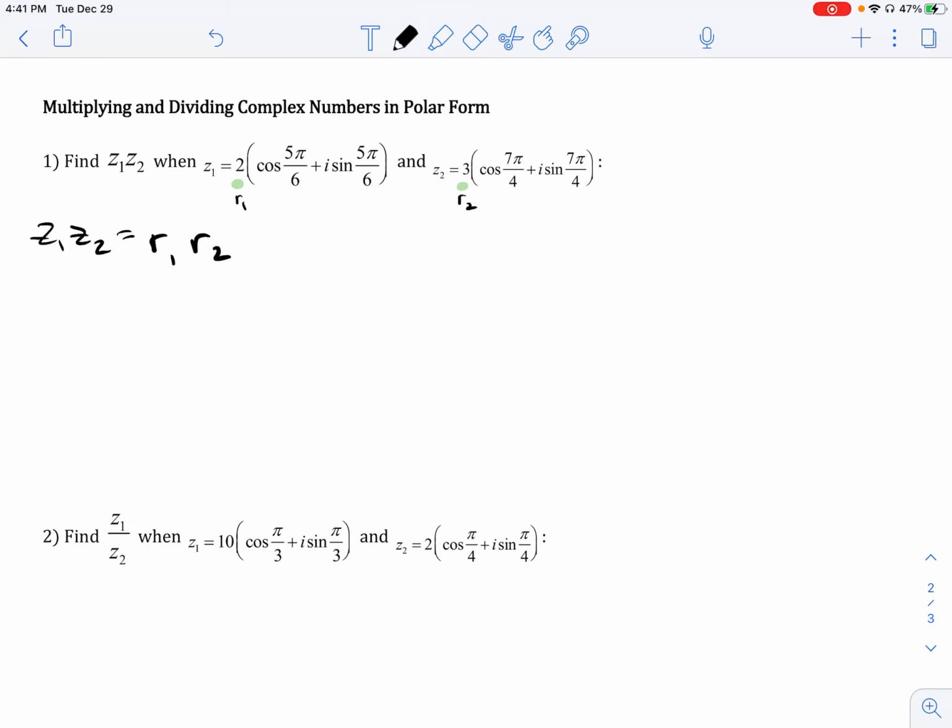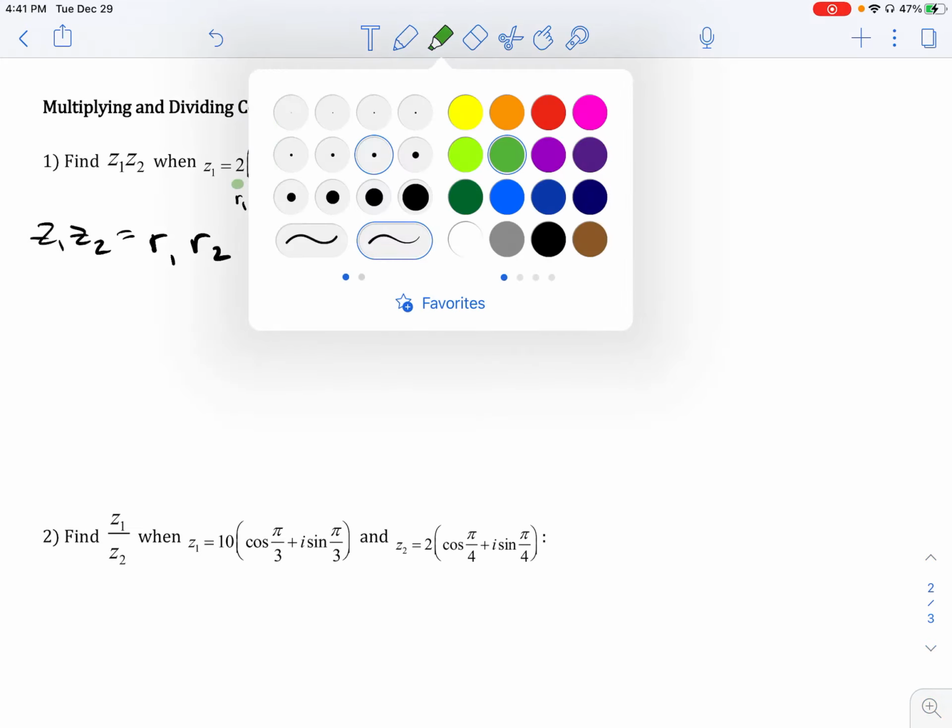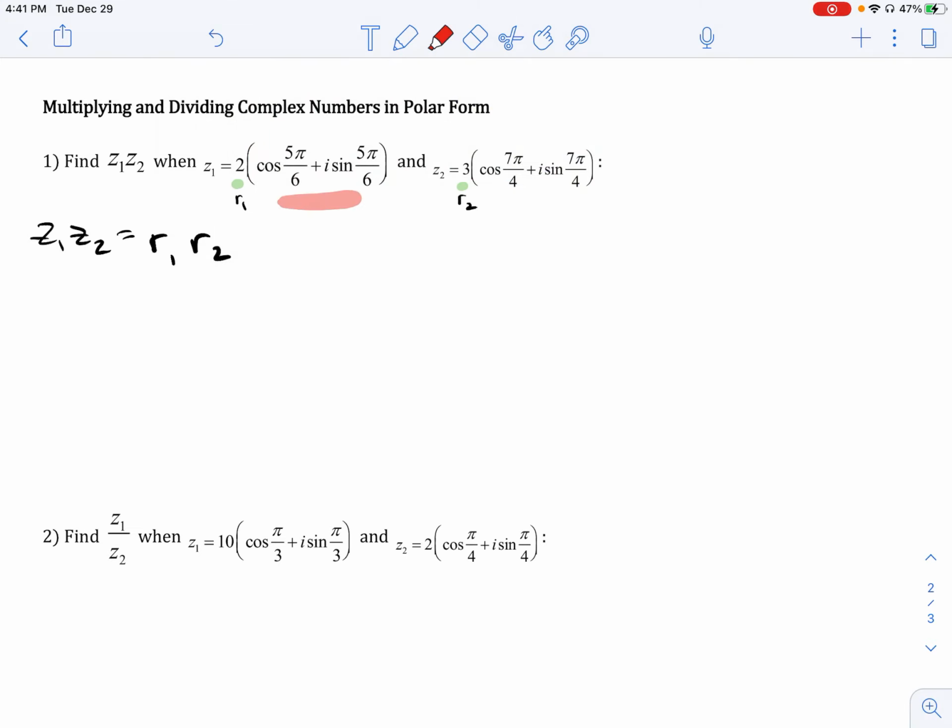Okay? Now, this next part, and let me just change colors. If I wanted to multiply these two binomials, and I'm not going to write it all out, but if you were to take cosine 5 pi over 6 plus i sine 5 pi over 6 and multiply by cosine 7 pi over 4 plus i sine 7 pi over 4, and FOIL it out, and I know some teachers don't like using this term, basically multiply and expand that all out, you would see that the expanded form is really just the same thing as the sum formula for cosine and sine.